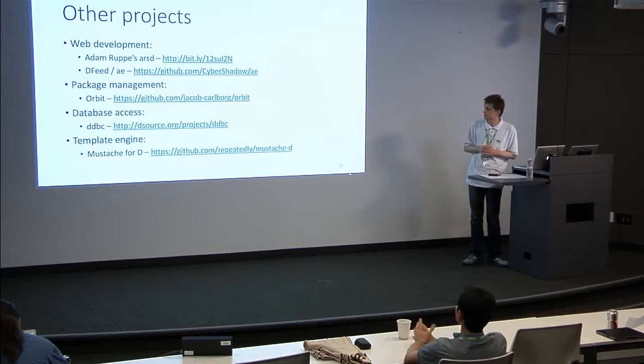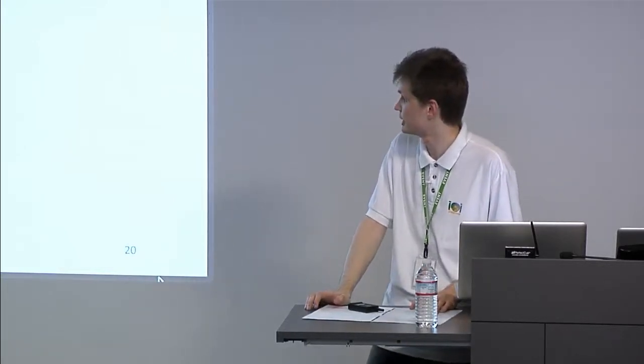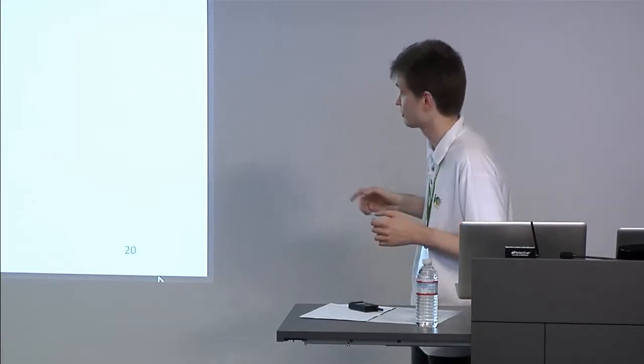So if you don't find something in HibernateD, for example, if you need a Postgres driver, I think that's not present in HibernateD yet, but it's present in DDBC. And there was another template engine which was announced not too long before. Well, Mustache isn't actually specific for D. It's just a port of the Mustache engine to D by Masahiro Nagakawa.